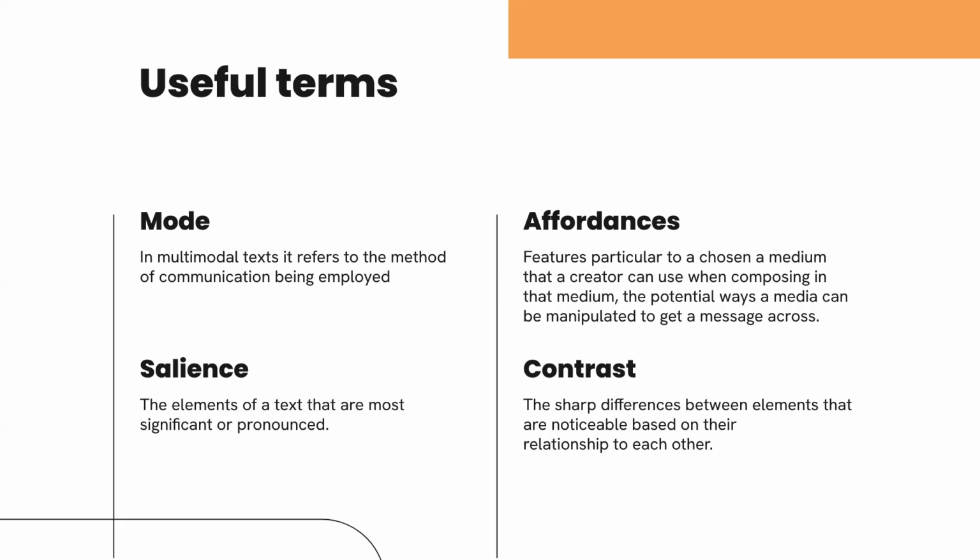So, for example, if I'm using only text, I have the affordances of metaphors, similes. I have the affordances of where I put things on the page to make them stand out. Those are specific affordances.